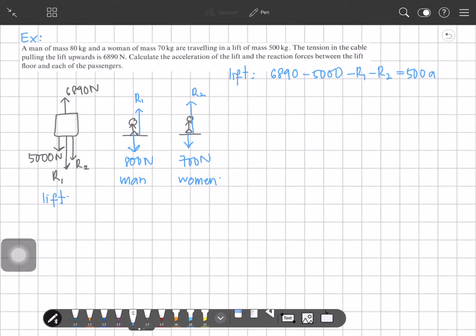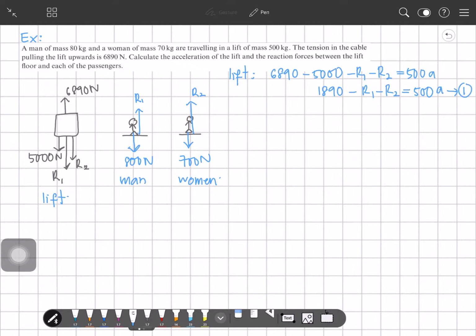This is our equation 1. We simplify it to 1,890 minus R1 minus R2 equal to 500a.